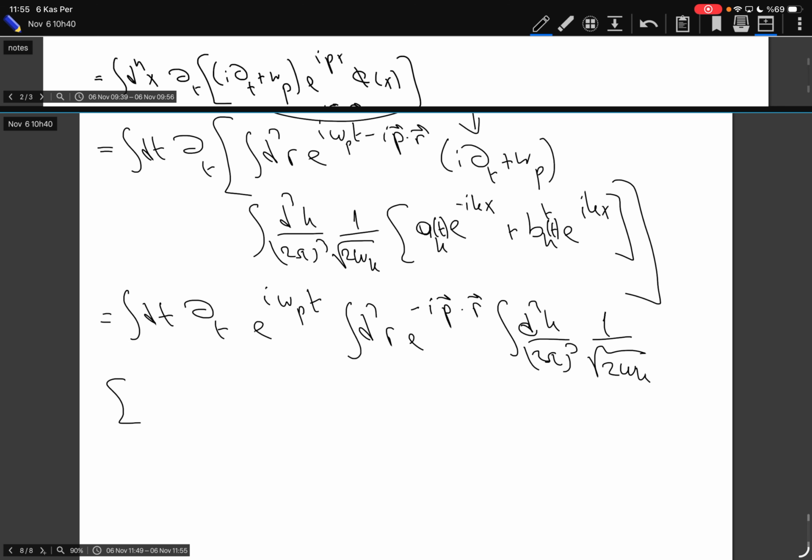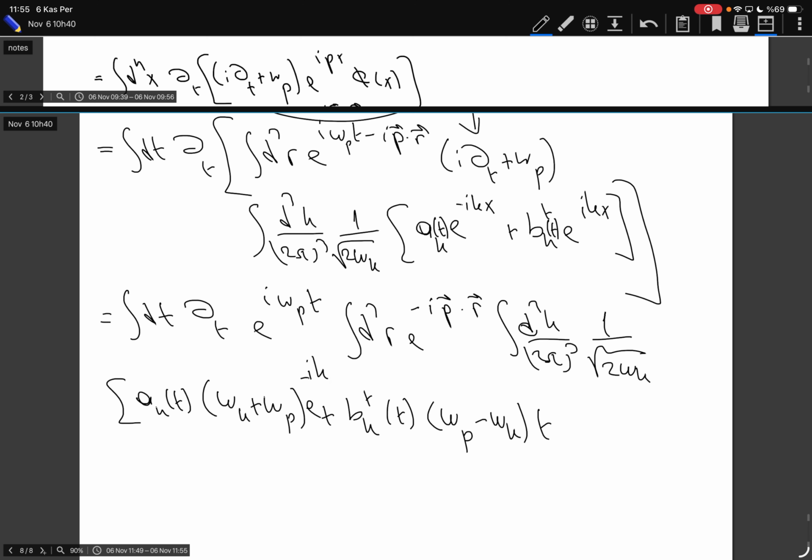I'm not taking the time derivative of a_k, so the first term is a_k of t times (omega_k plus omega_p), plus b_k dagger of t times (omega_p minus omega_k), and then I have these exponents.